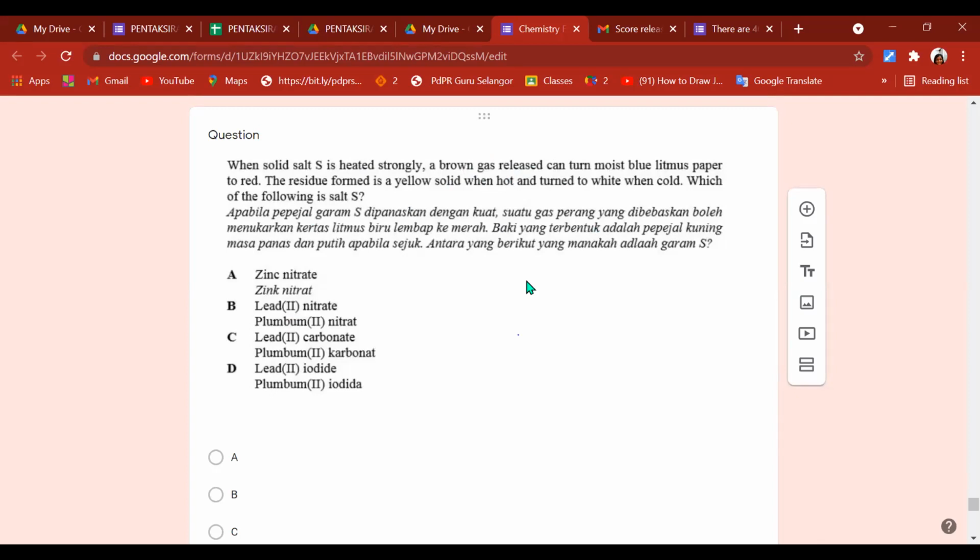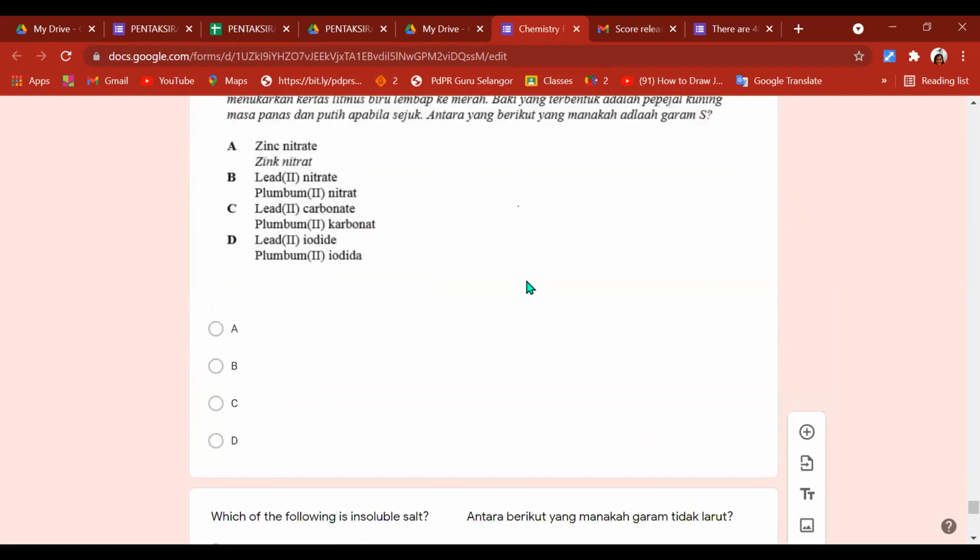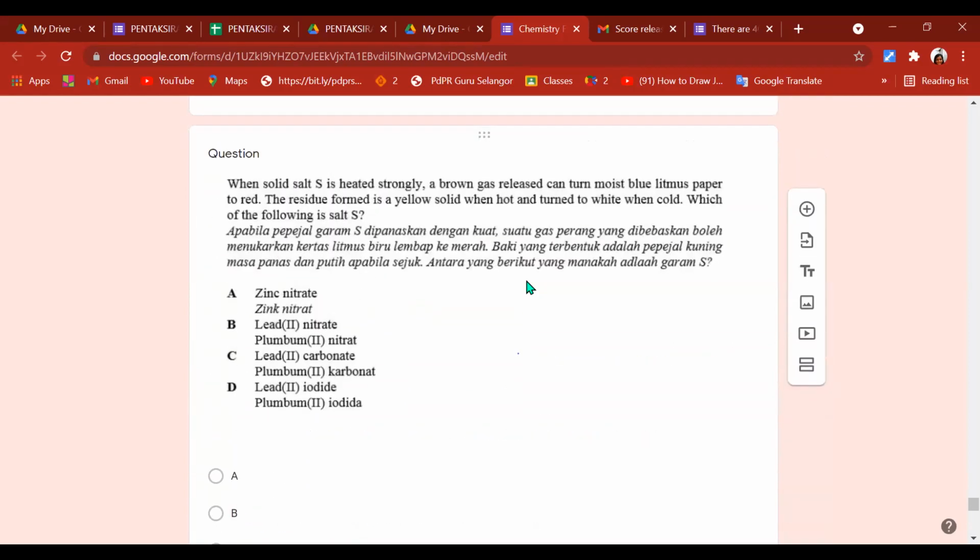That can change blue litmus paper to red. Teacher did this with you on salt, so y'all cannot say you don't know. Ammonia? No. Ammonia, not a brown gas. Nitrate? No. Bromine? No. Zinc also? No. Ammonium?